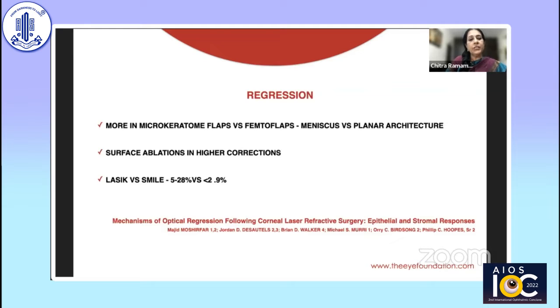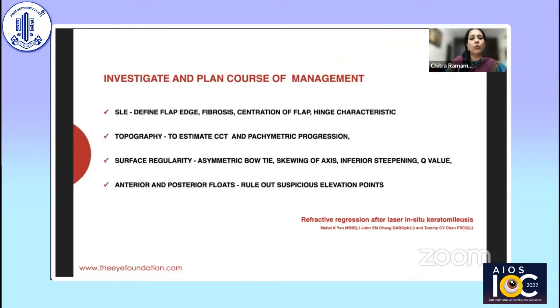And in surface ablations, regressions are again seen in higher corrections, which limits us in correcting in surface ablations, although there are some who still manage to do it with a higher dosage of mitomycin. And when we look at the percentage of enhancement, it clearly tells us that in LASIK, there is a more significant chance of regression as against SMILE, which is less than 2.